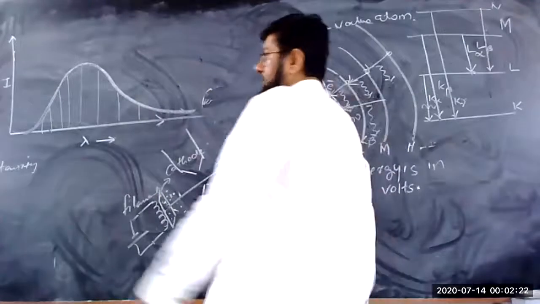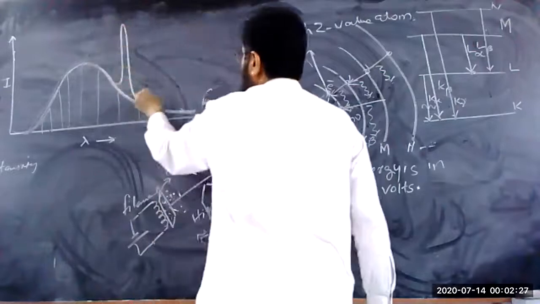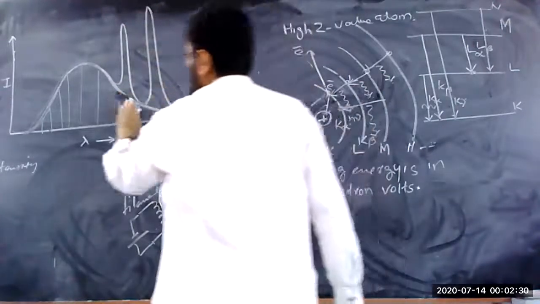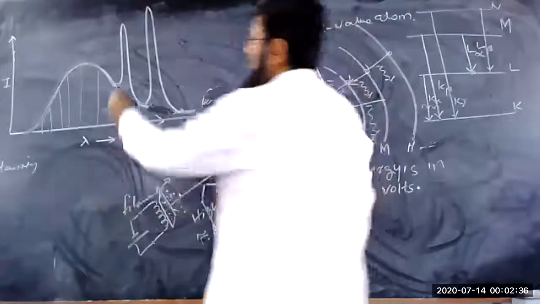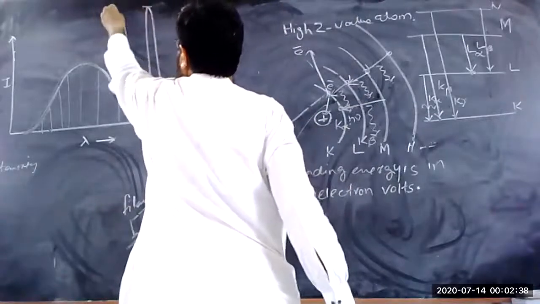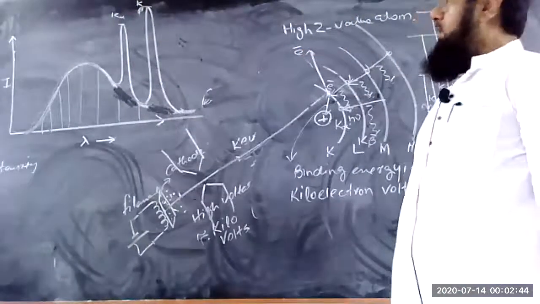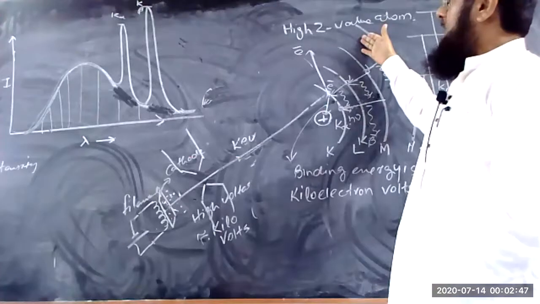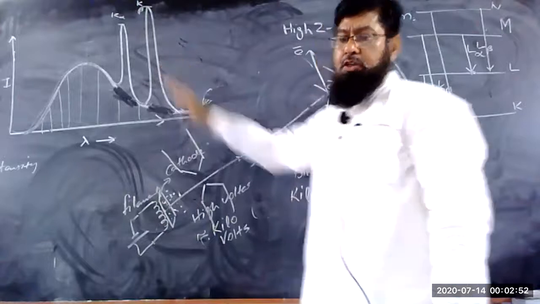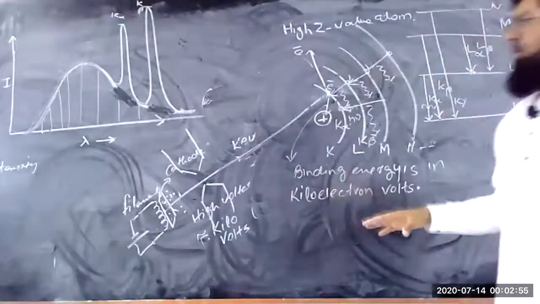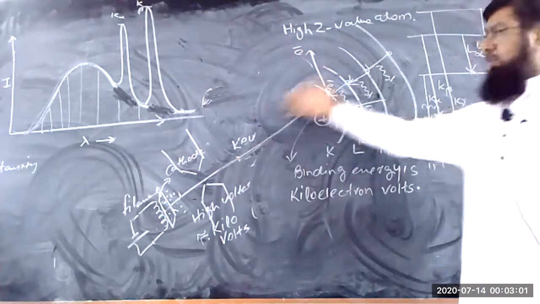As a result, if we combine these two, there is a spike on this continuous spectrum, and these spikes give the characteristic X-rays, the K alpha and K beta. K alpha has higher energy, so its wavelength will be less, so this is K alpha and this is K beta. So this is how the continuous X-rays or Bremsstrahlung radiations are distinguished from the characteristic X-rays.